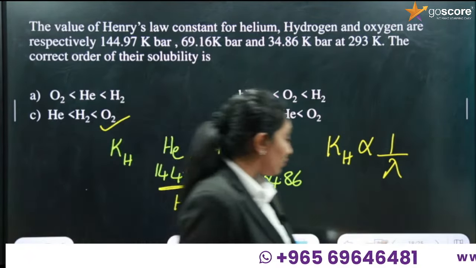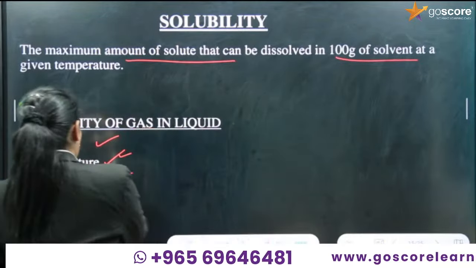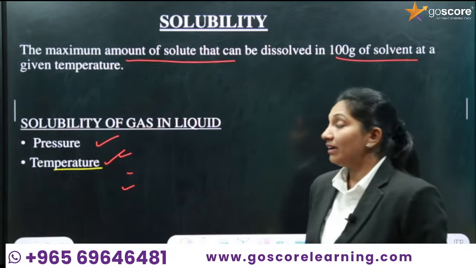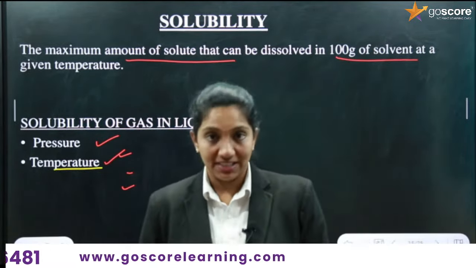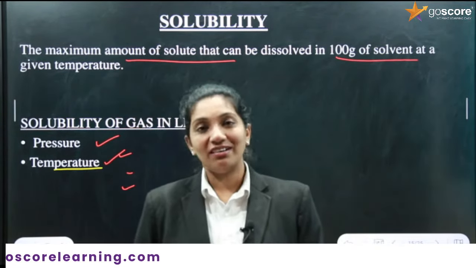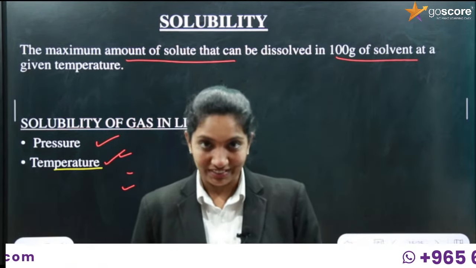And we have discussed one more thing, that is temperature. Now let's see how temperature affects the solubility of a gas in a liquid. We all store carbonated drinks in the refrigerator, right?